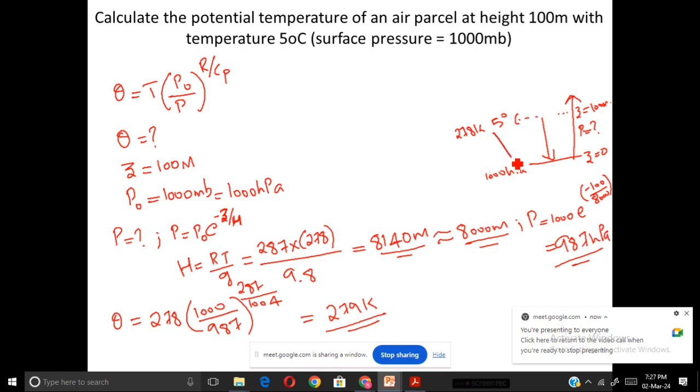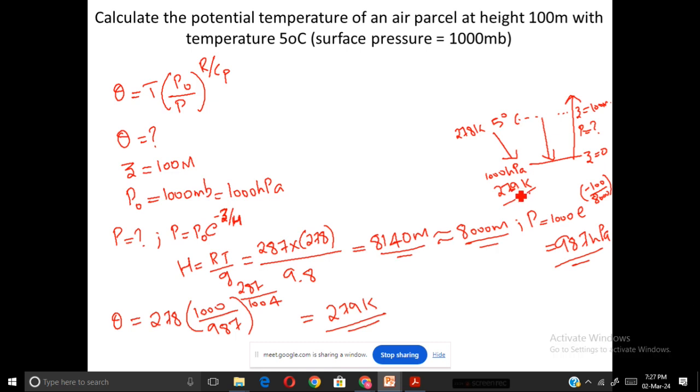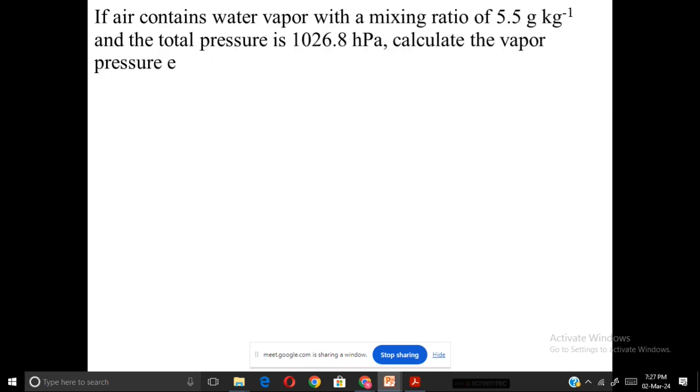We bring down the parcel to the pressure level 1000 hectopascal, and then the temperature became 279. Temperature is also increased. Okay. So that is the potential temperature of the air.